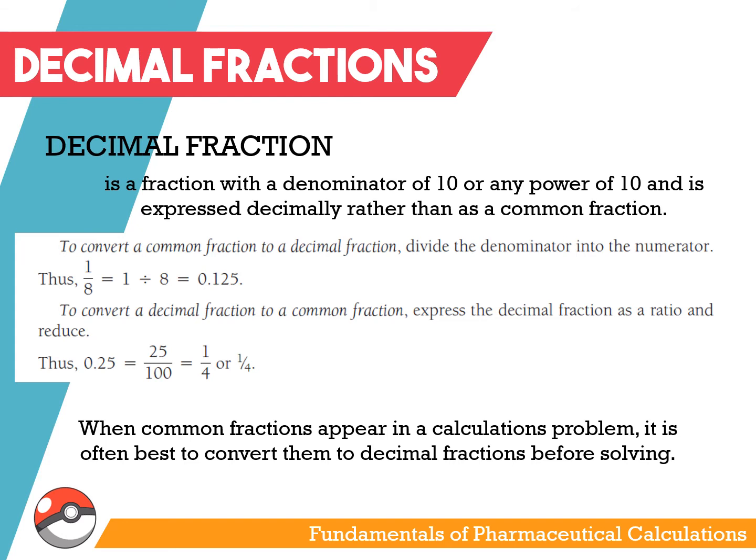So when common fractions appear in calculations, it is often best to convert them to decimal fractions before solving. The reason for this is that decimals are more straight to the point than fractions. So you may commit more errors when dealing with fractions rather than with decimals.